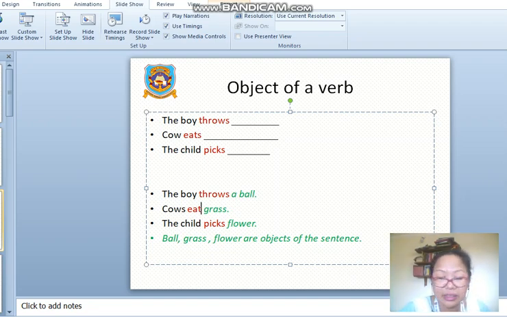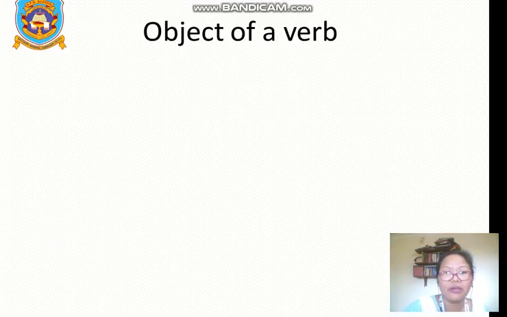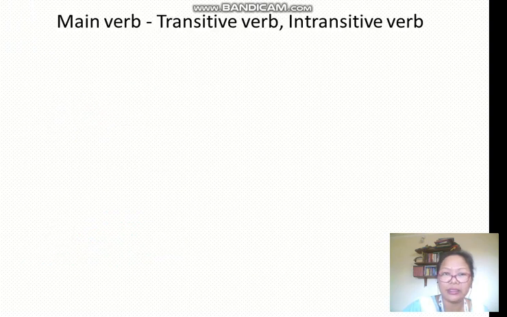Cows eat grass. So grass is also affected by the action of eat, so grass becomes the object. The child picks flower. So ball, grass, flower are objects of the sentences because these are affected by the action of the subject. Okay, we will keep that in mind.